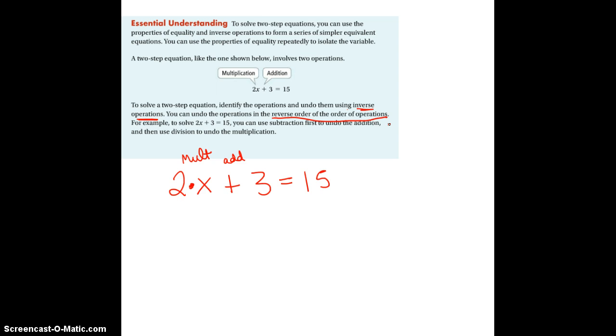I know last chapter we talked about the order of operations. Well, now if we want to solve an equation, we need to reverse the order of operations. So if I reverse my order of operations, if I focus on my inverse operations, if I undo this, I would start by getting rid of this addition. To get rid of the addition, we are going to subtract 3.